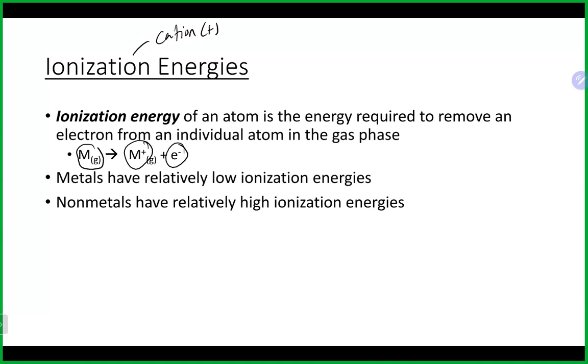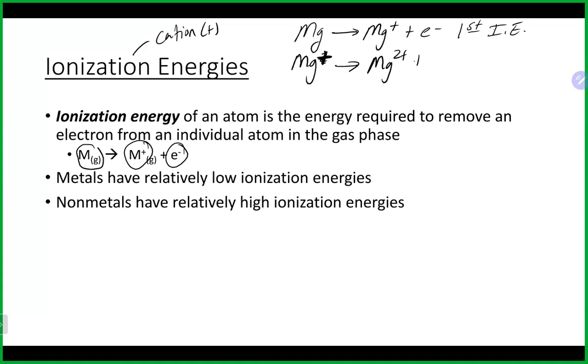Now, electrons actually do come off one at a time. So for example, if we had magnesium, it would have no charge. The first thing that would actually happen is magnesium would just lose one electron. That is what is sometimes referred to as the first ionization energy. Then what will happen is that magnesium with a +1 charge will then lose one more electron and become a +2 charge.